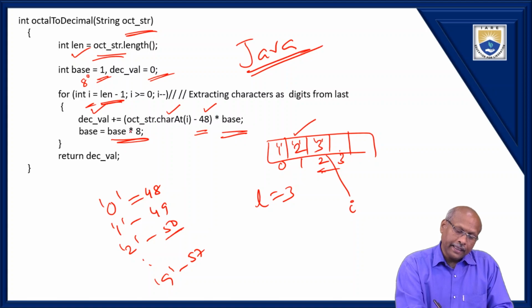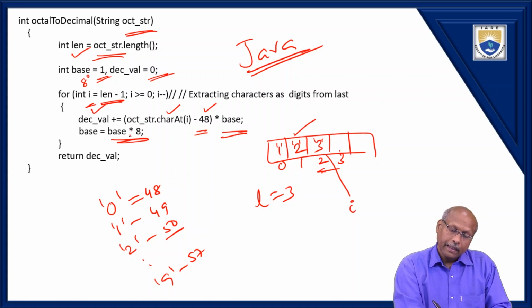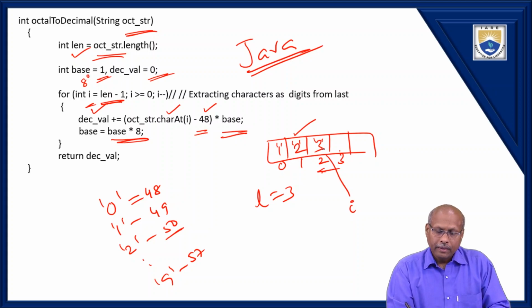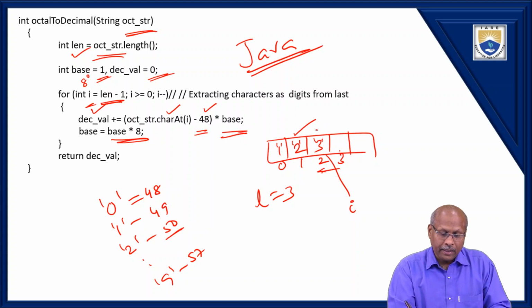Then again, add it. Base, how much? 8 into 8, 64. 64 into this 1. Sorry, you are coming in the reverse direction, because the initial digit is 3, then 2, then 1.